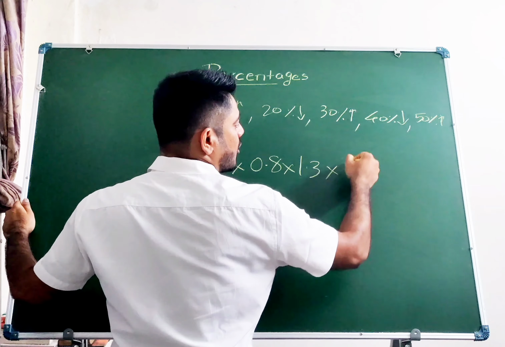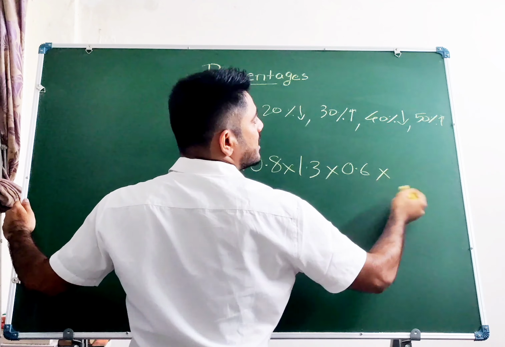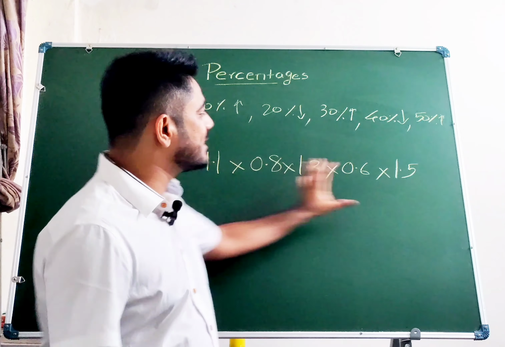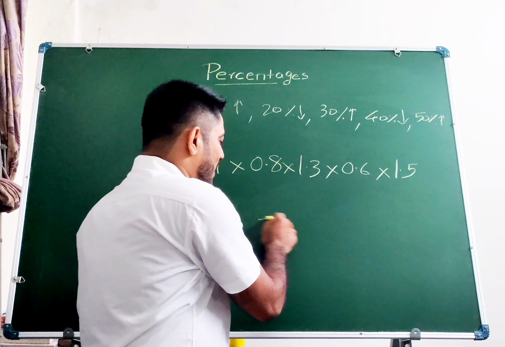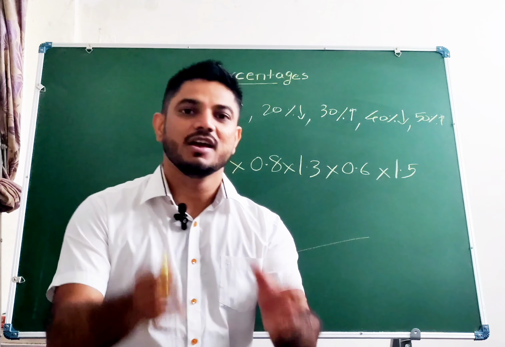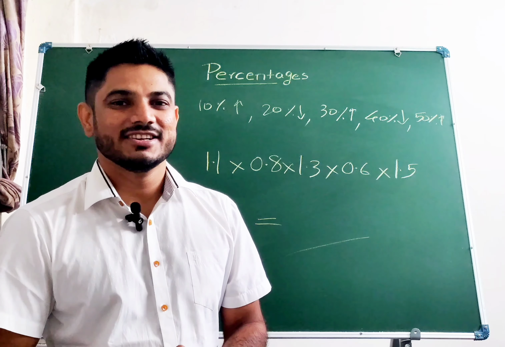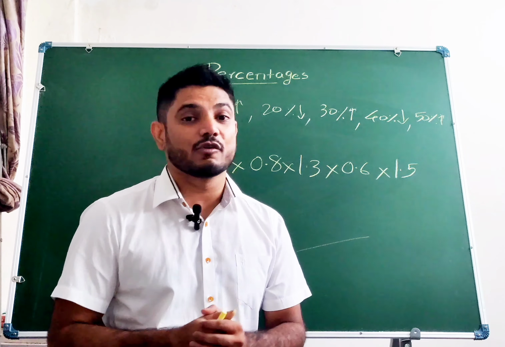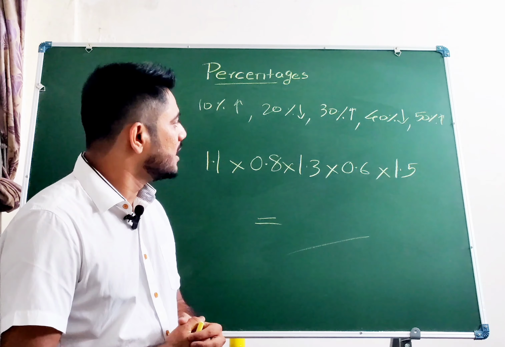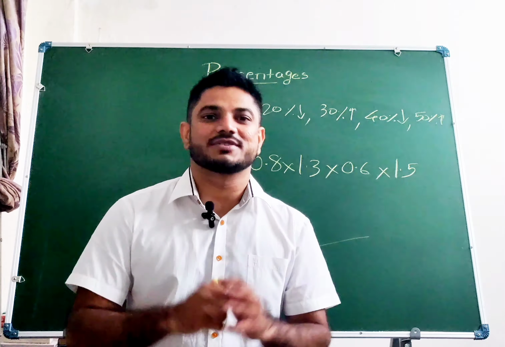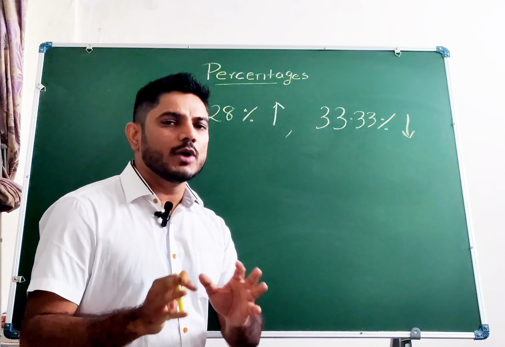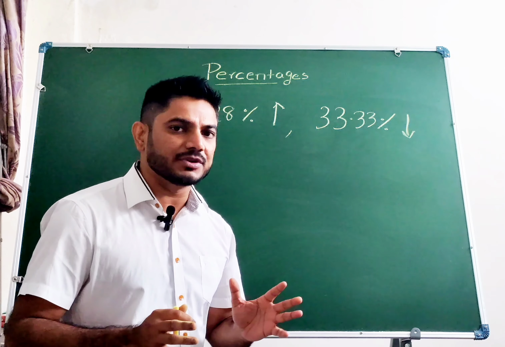And decrease by 40, 0.6. And increase by 50, 1.5. This is very easy. Now if you multiply this, you'll get the final multiplying factor, which will give you the final percentage change. So it saves a lot of time, and especially for competitive examinations, it is very, very useful. Right? Let us see how to work with ratios. Here we have an increment of 14.28% and a decrement of 33.33%.